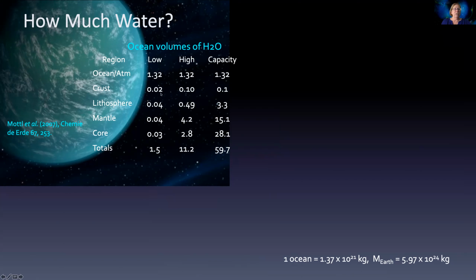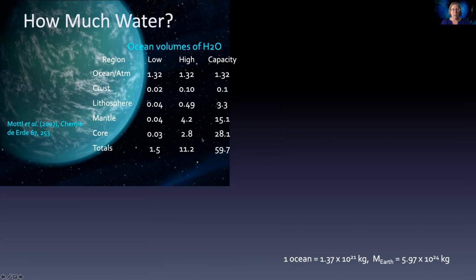But as you go deeper and deeper into the Earth, it becomes part measurement, part theory, as well as lab experiments. For example, how much water could the rocks in the mantle hold based on the temperature and pressure conditions? And you can test that in the laboratory. So in the end, you can see that the total amount of water on Earth varies greatly between different estimates.